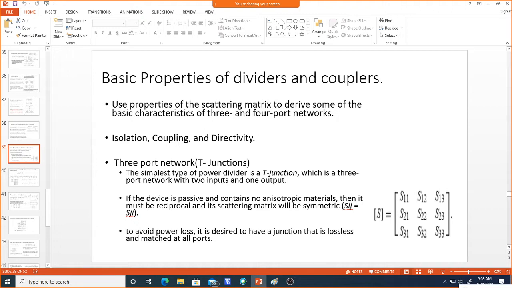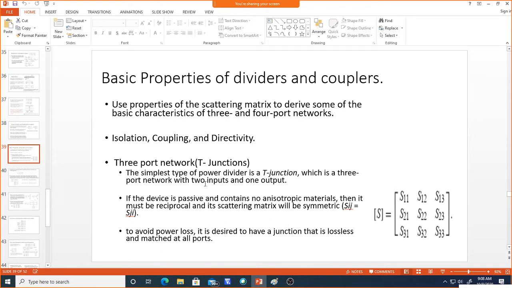This is one more important property, that is coupling. And directivity: if I directly connect port 1 and port 2, how much power is flowing from port 1 to port 2? That is what directivity is. We will see these equations, and how the power transfers from one port to another port in the different types of couplers.